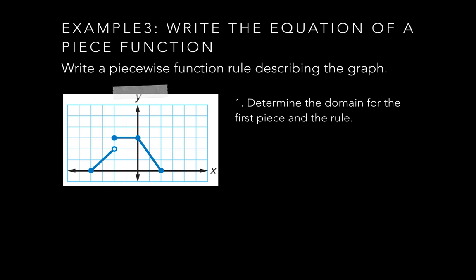So first thing, we're going to figure out the domain for the first piece and the rule. So where is this happening? When you are between -4 and -2, that's the first piece there.